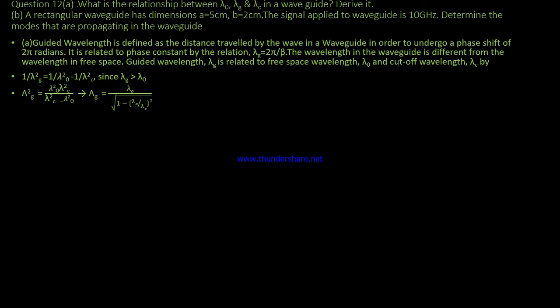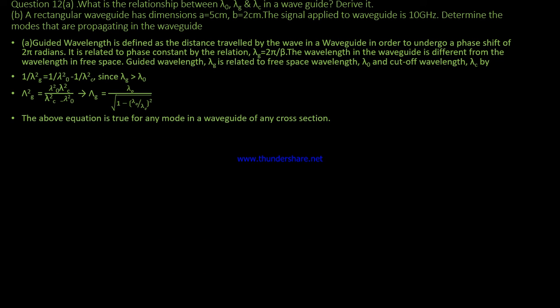Making lambda g the subject of the formula, we have lambda naught all over the square root of 1 minus the square of the fraction of lambda naught and lambda c.